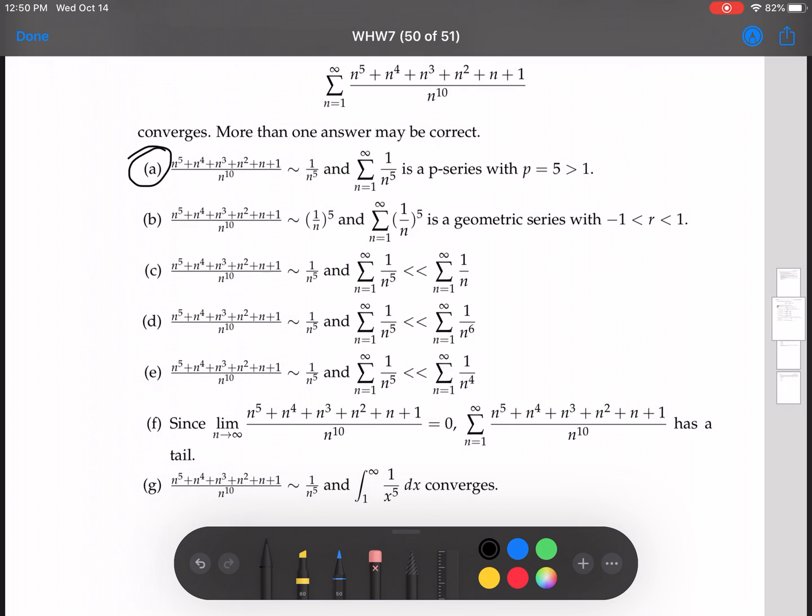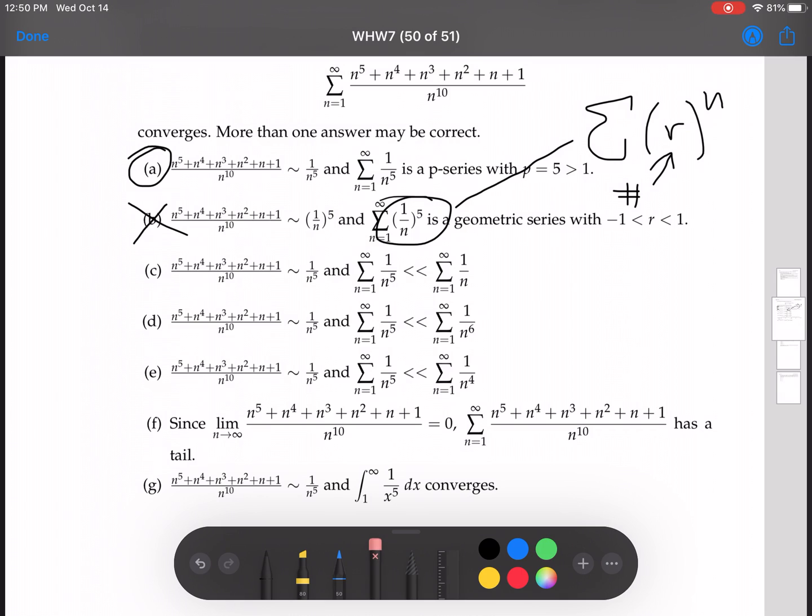All right, part B is not a valid reason for why this series converges. That's because this is not a geometric series. Remember, a geometric series has the form of a number in here to the n.